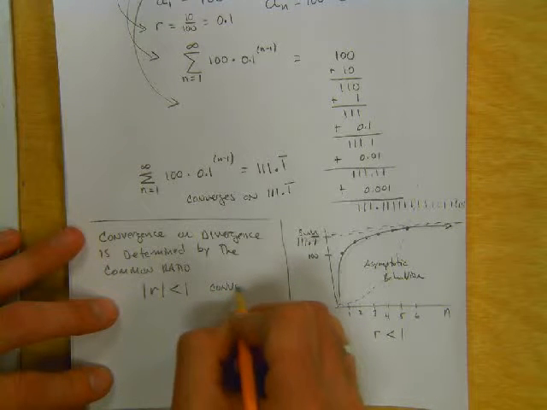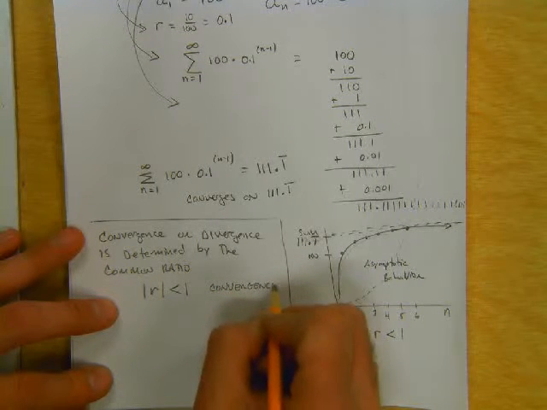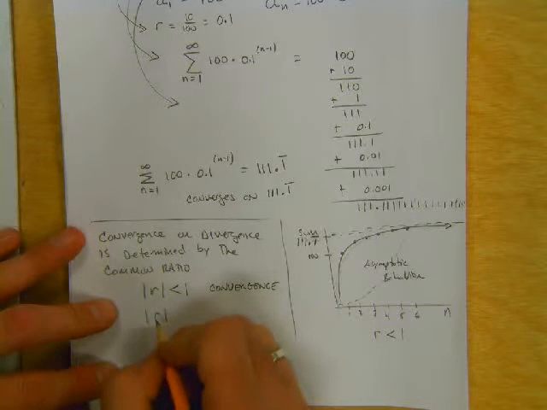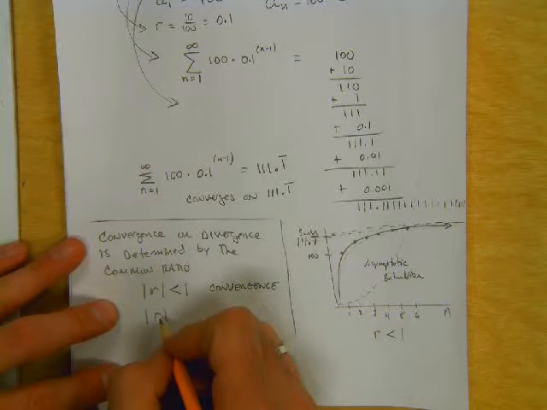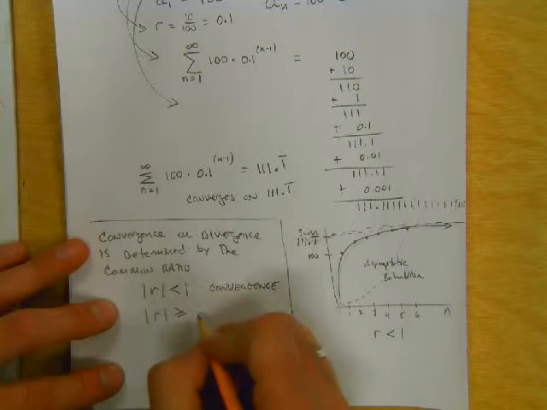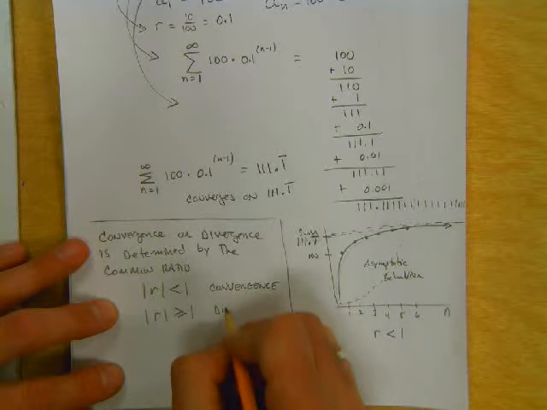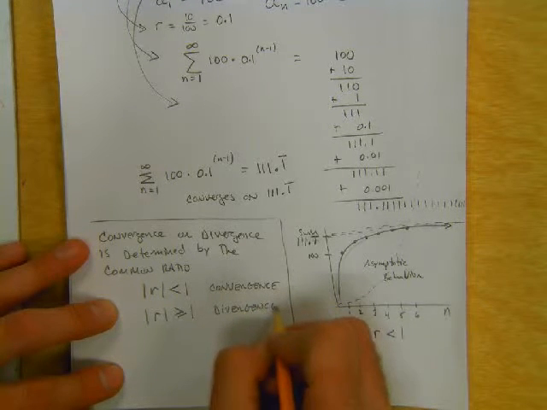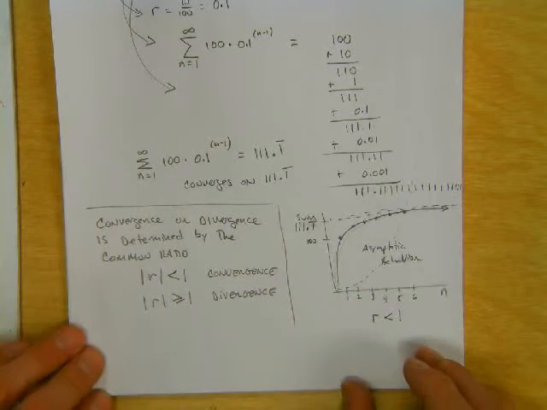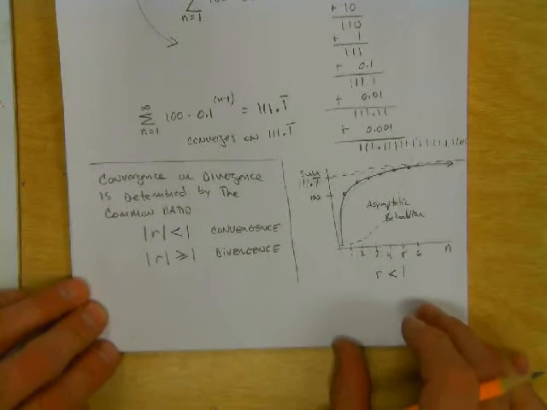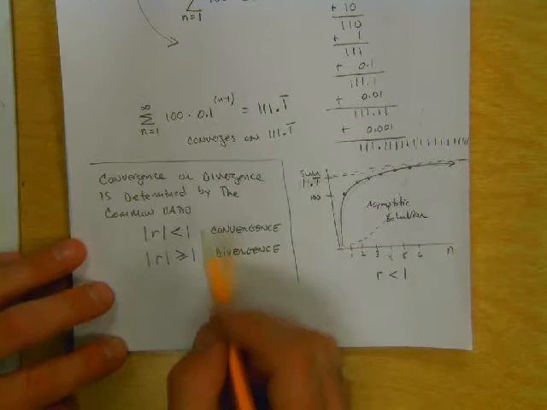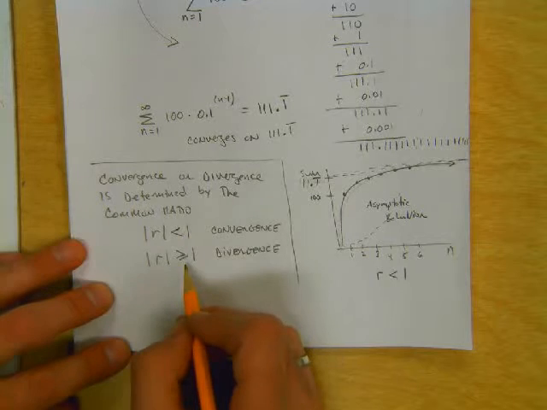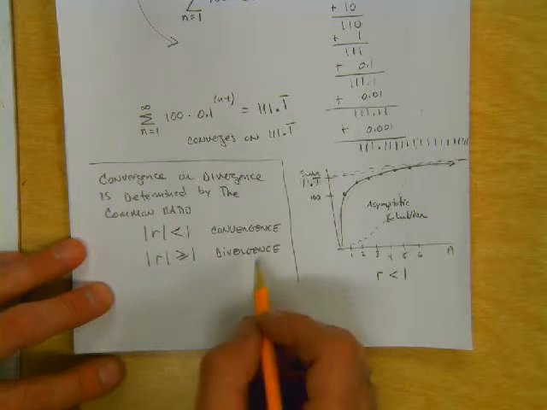And so we have a situation of convergence. If the absolute value of the R value, the common ratio, is greater than or equal to 1, the series diverges, or we have a condition of divergence. Okay? Now, as it turns out, if there's divergence, if the R value is greater than 1, there is no sum. It diverges, it explodes.